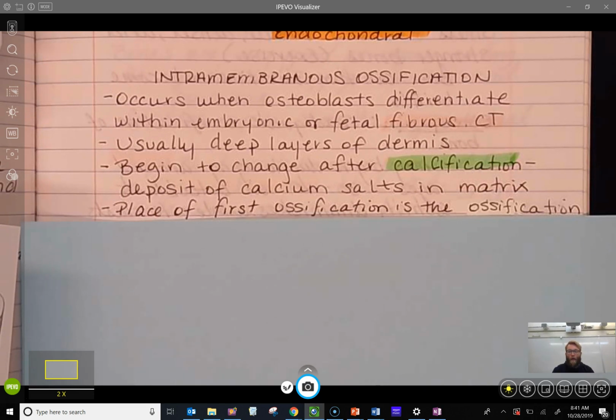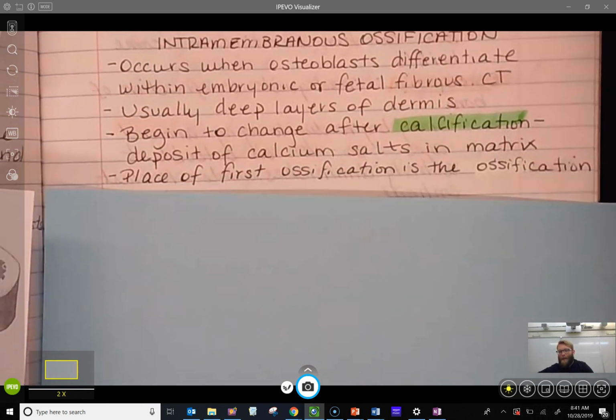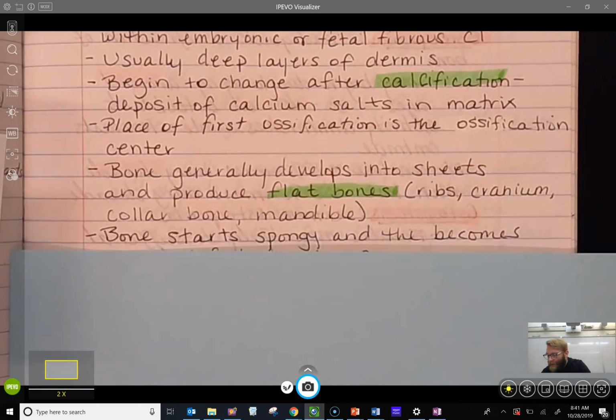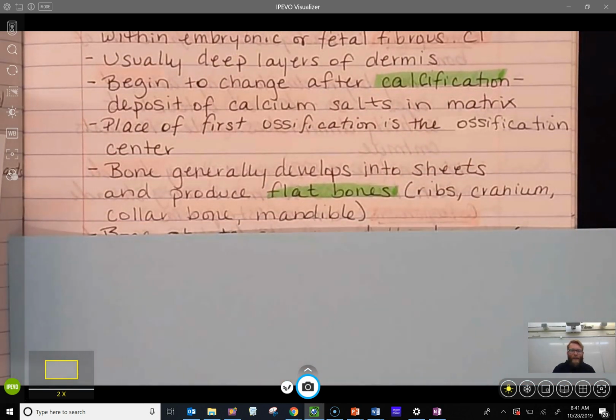So in the whole process of your skeleton converting from a softer cartilaginous skeleton into a solidified hard matrix skeleton, this is where ossification begins, and it begins in this intramembranous one. This is what's happening inside of your skull in all those different areas. Bone is going to start generating these sheets, and they produce the flat bones.